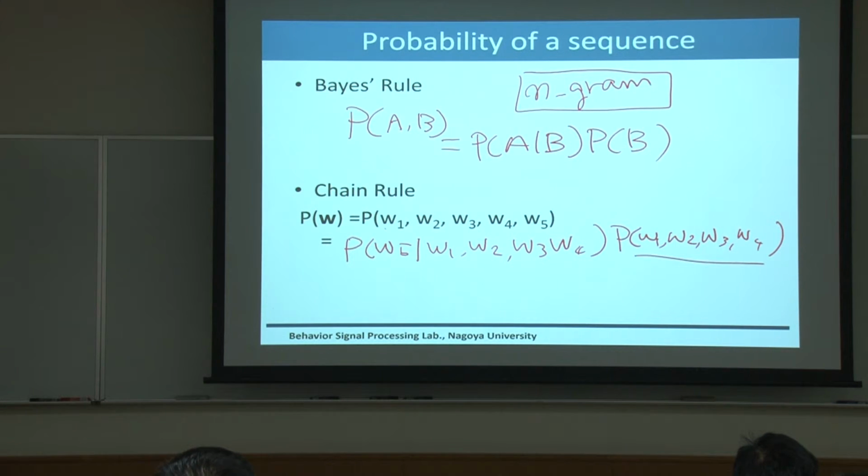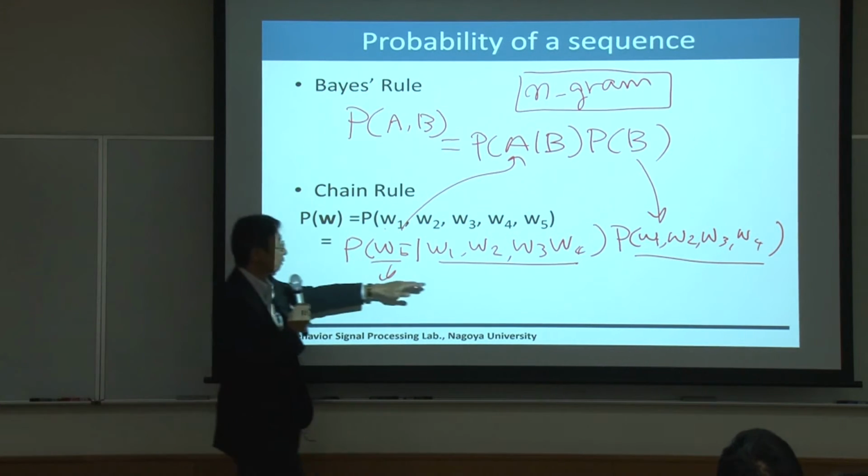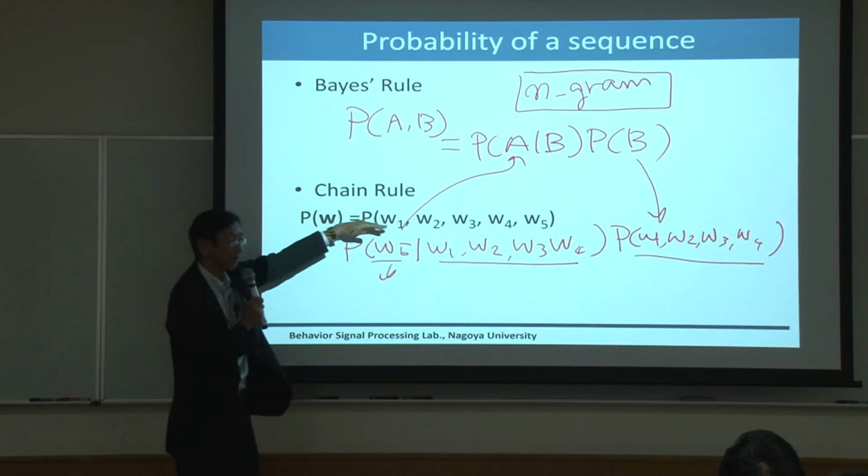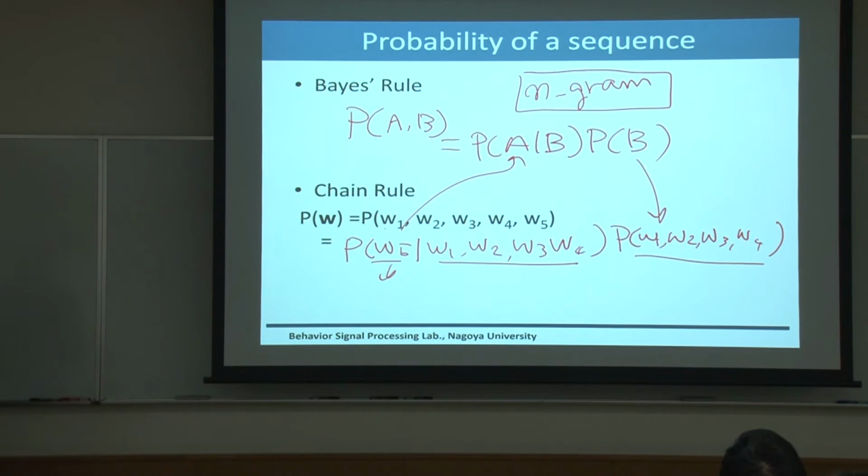So here's a B, and here's an A. This and this will give you the true probability of the sequence. And you can again expand this probability like this: P(W4 conditioned by W1, W2, W3) times P(W1, W2, W3).